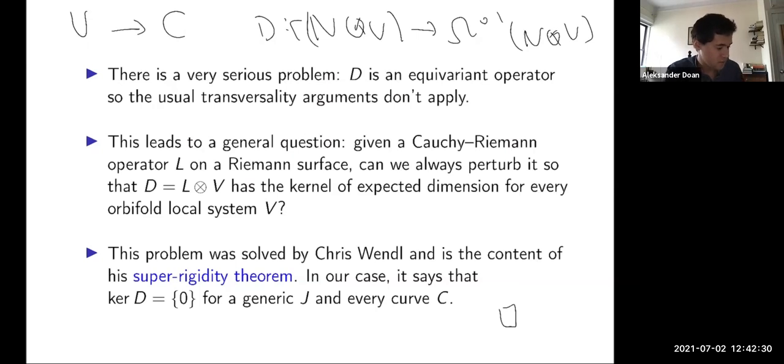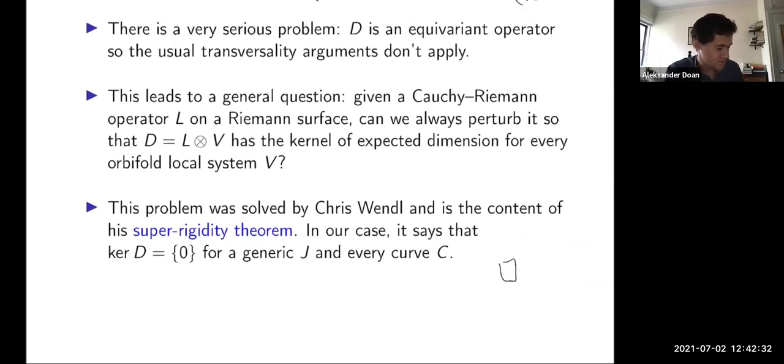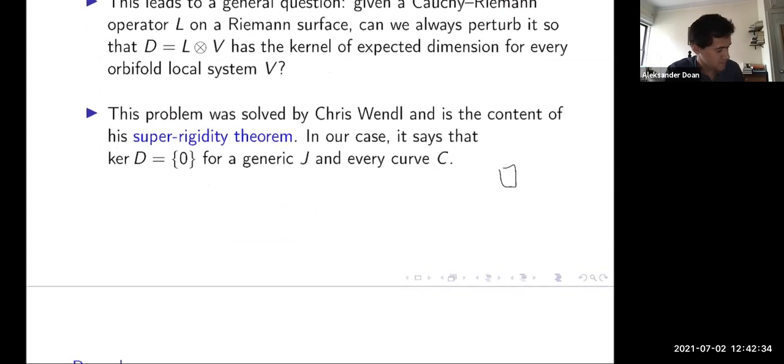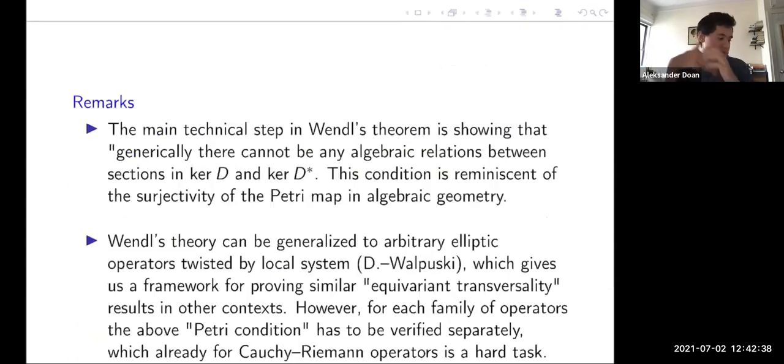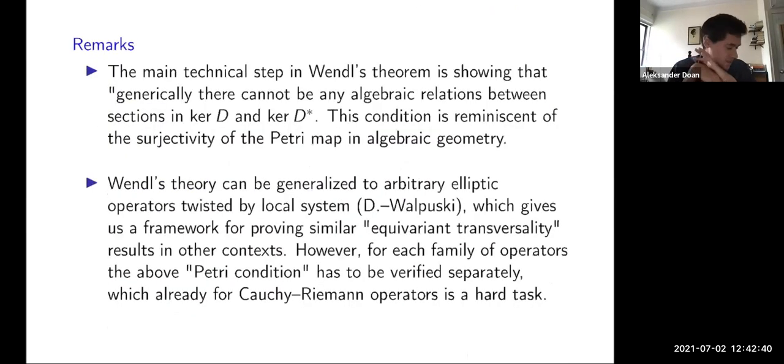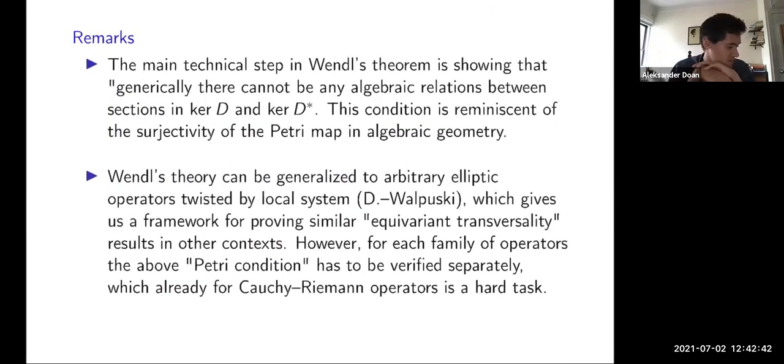So are there any questions about the statement of the theorem or its proof? If not, let me make two remarks about this super-rigidity theorem. The first remark is that there is a technical step. Actually, the most technical part of the super-rigidity theorem is showing, and I'm being a bit imprecise, that generally there cannot be any algebraic relations between sections in the kernel of this operator and the kernel of the adjoint operator.